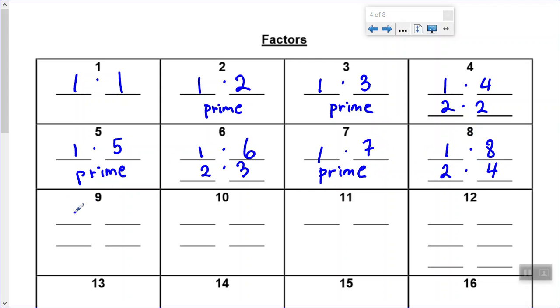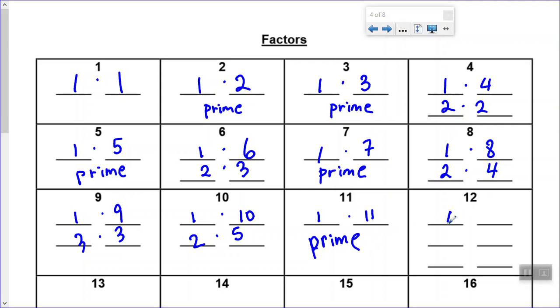Composite number. 9 is 1 times 9. 3 times 3. Composite number. You have 3 factors. 10 is 1 times 10. 2 times 5. Composite number. 11 is 1 times 11. This is a prime number. You have only 2 factors.